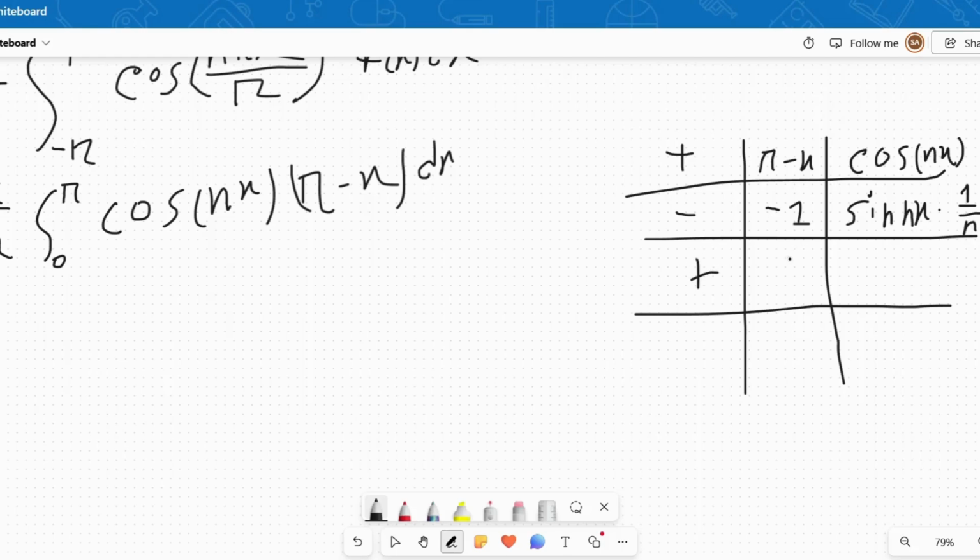Now the differentiation of pi minus x is minus 1, and the integral of sin will be minus cos, with 1 by n square for the extra value, cos(nx). Now we plug in the value.